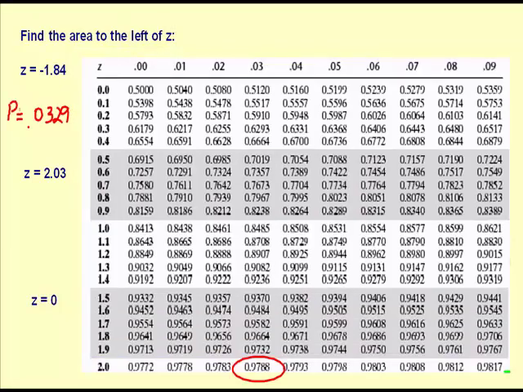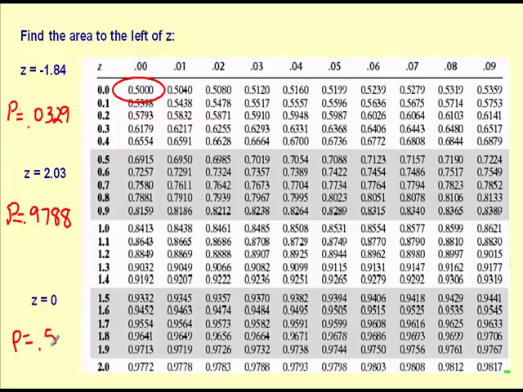Reading the positive Z chart, because we have a positive number here, the percent of the curve to the left, 0.9788. And finally, if you have a Z of 0, you're on the mean. It has been cut in half.